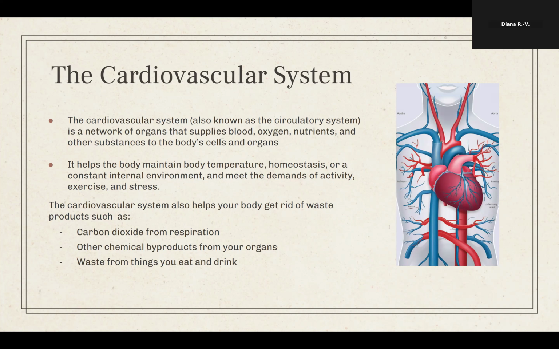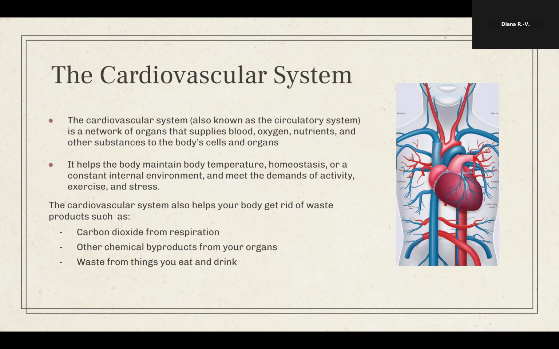Besides delivering nutrients, the cardiovascular system helps the body maintain homeostasis, a stable internal environment. It regulates body temperature and adjusts to the demands of physical activities, emotional stress, and changes in the environment. An important aspect of the system is waste removal.